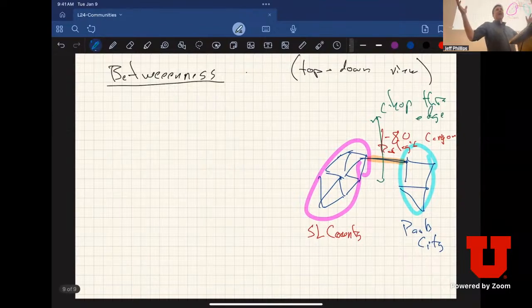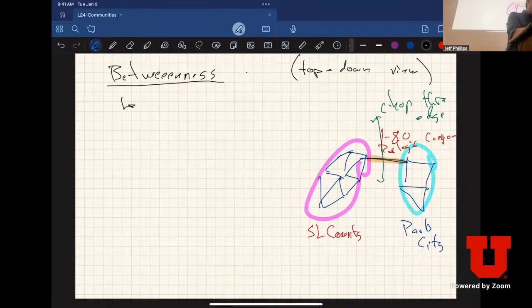then what's left after I got rid of a really highly connected edge, the connected components, are the communities afterwards. Okay, and betweenness gives a way of quantifying how important this edge is, right?